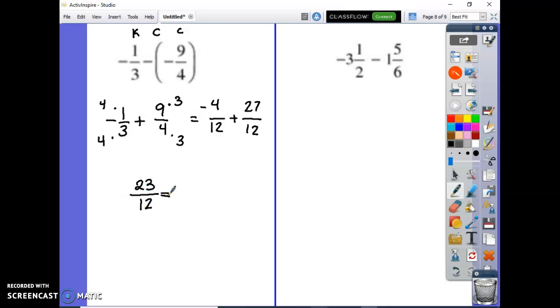Again, we have an improper fraction, so we're going to convert it into a mixed number. 12 goes into 23 one time with 11 remaining. So my final answer is 1 11/12.